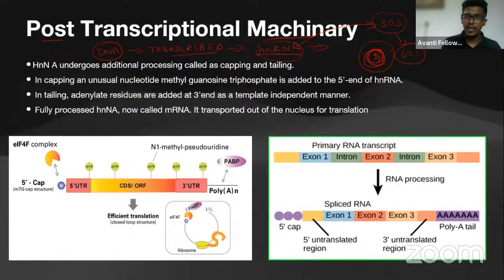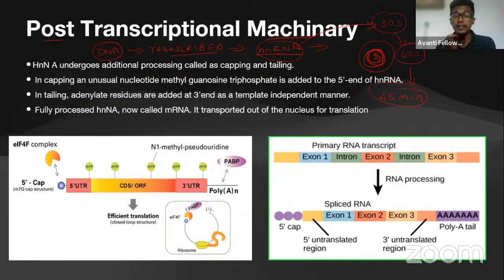What benefit does it get with the post-transcriptional machinery? With the post-transcriptional machinery, the lifespan of the hnRNA is extended from 30 to 60 seconds all the way till 45 minutes. Look at the exaggerated difference in time, just because of some modifications that happen in your mRNA. So it gives extra stability to the mRNA. First thing, post-transcriptional machinery, what does it do?